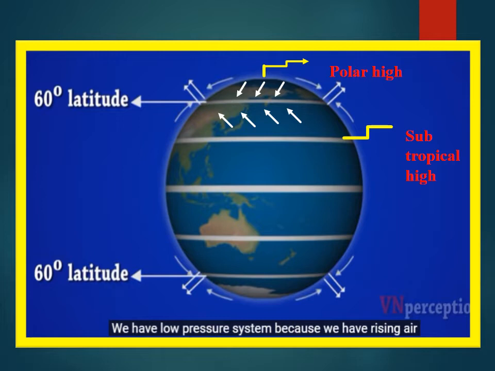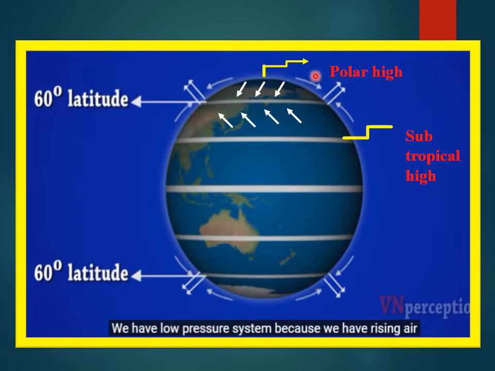Here the air that comes from the subtropical high and also from the polar high regions comes together, converges, and then rises up. You can see they're coming together closer and then rising up.